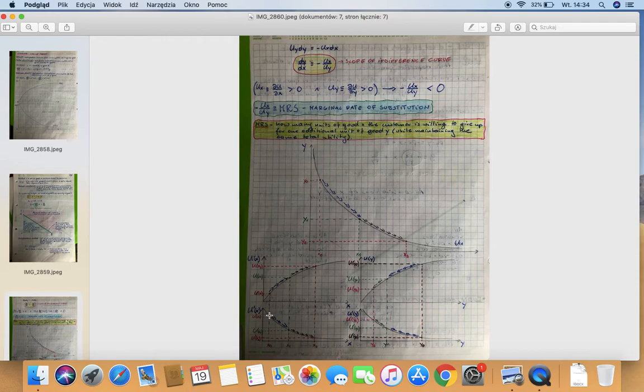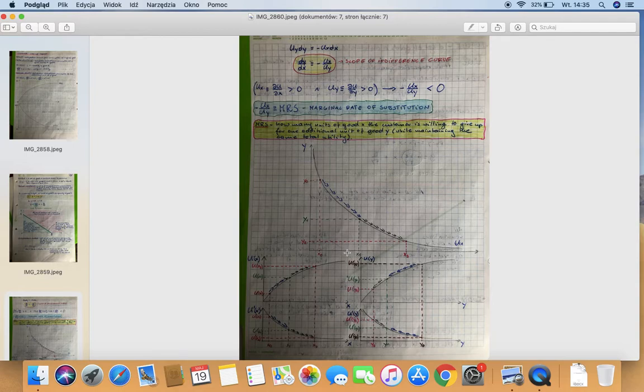So each next consecutive unit you get is actually bringing you a lot of additional satisfaction. So you see that here, at this moment, the customer would be willing to give up a lot of units of good Y in order to get one additional unit of good X.